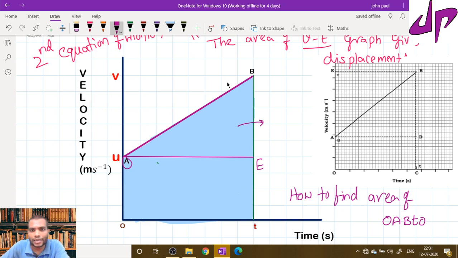This is a right triangle ABE, and the other is a rectangle.